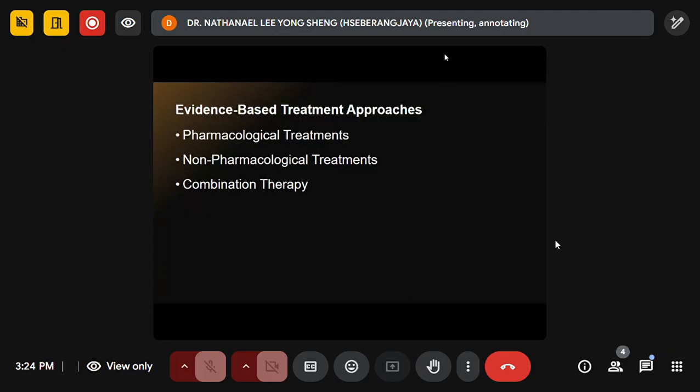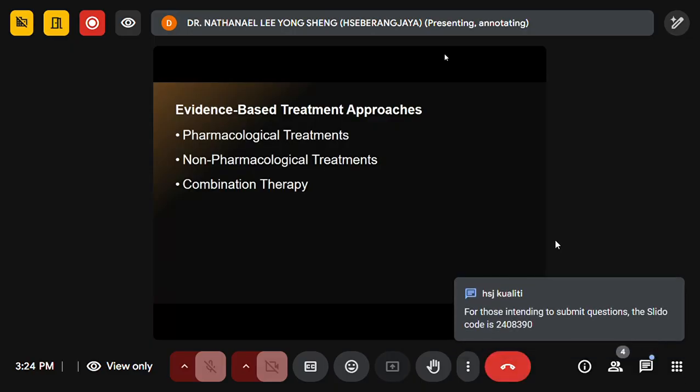So next, I will go to evidence-based treatment approaches. I will explain in the subsequent slides one by one. I will categorize it into pharmacological, non-pharmacological, and the last, which is a combination of both.